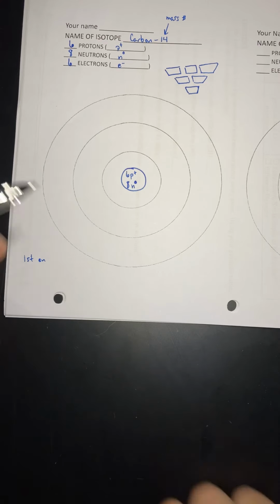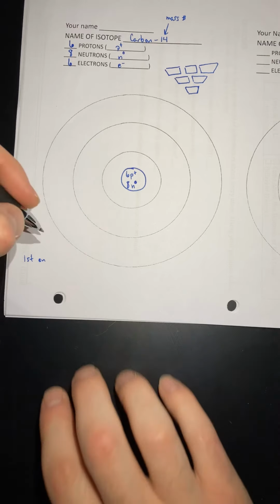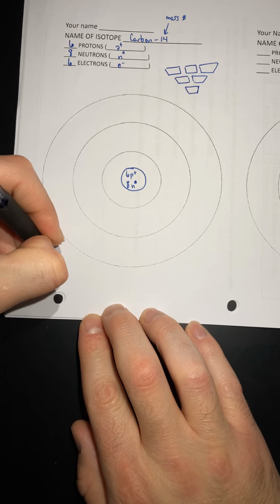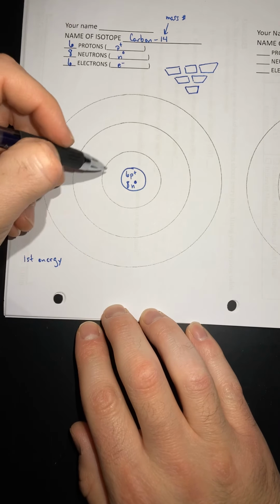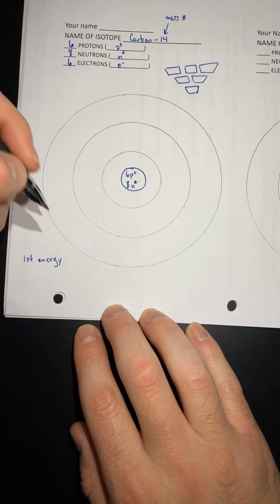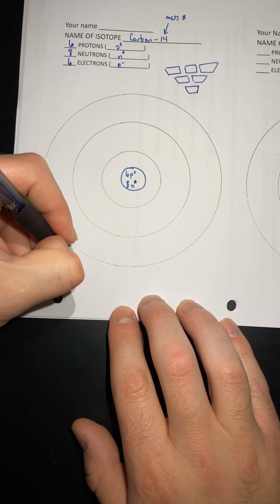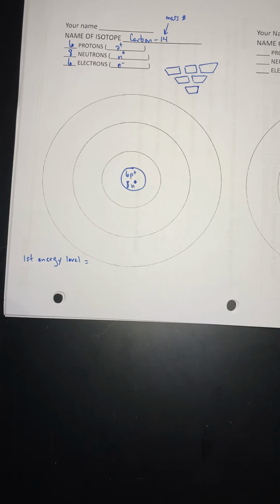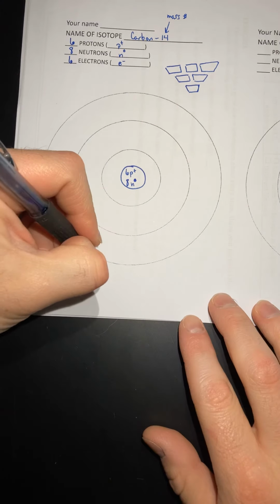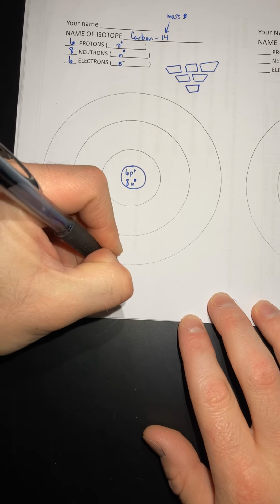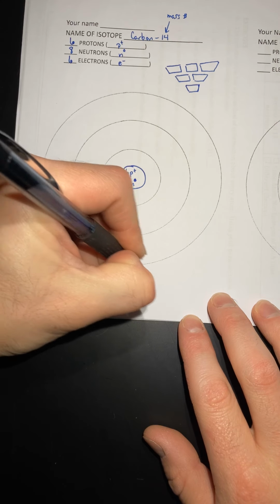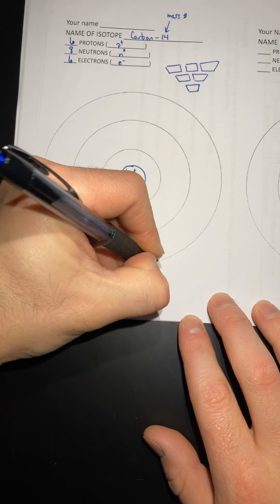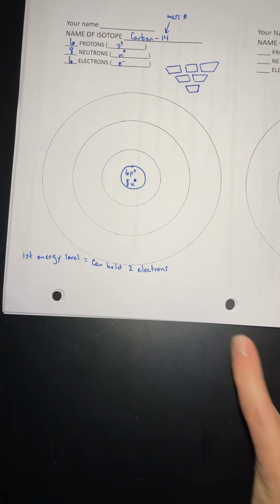All right. So in the first energy level, okay, which would be this first ring right here. So first energy level, it can hold 2 electrons. All right?